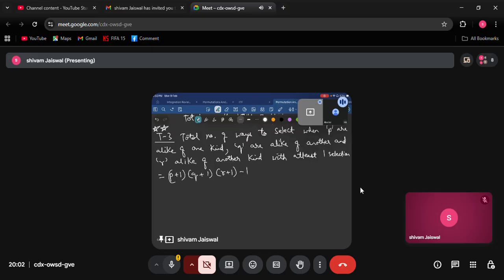Let us see the proof, using the shop method. Let us say that there are 3 shops.